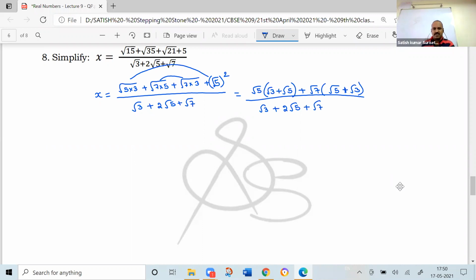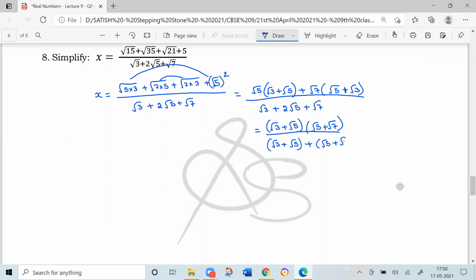Now again observe in the numerator, root 3 plus root 5 is common. So (root 3 plus root 5) into (root 5 plus root 7), upon the denominator, where 2 root 5 is there, I can split. So root 3 plus root 5 plus root 5 plus root 7. Now this again you have to simplify.